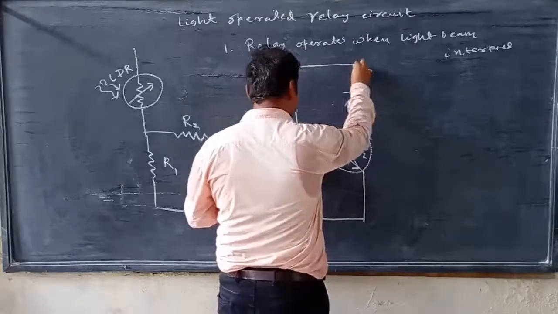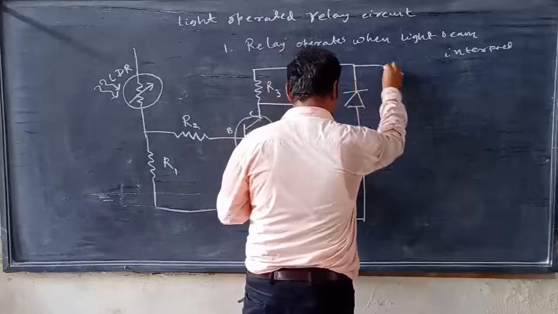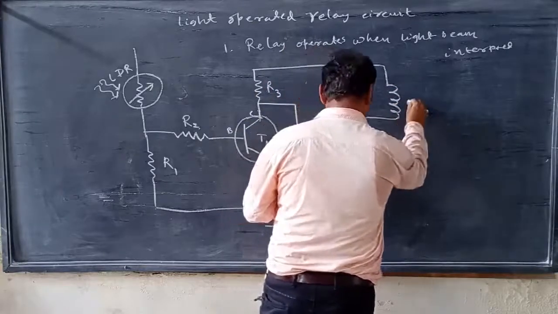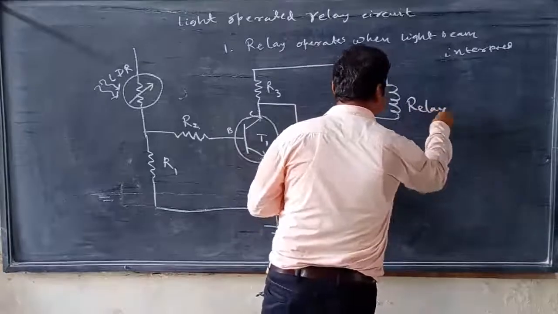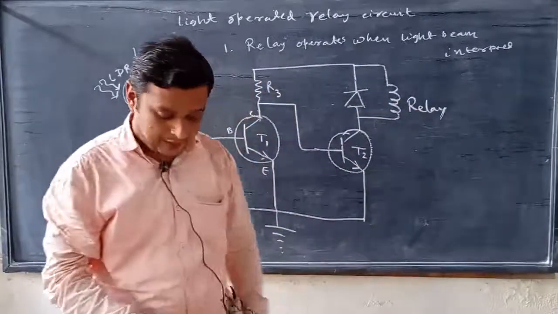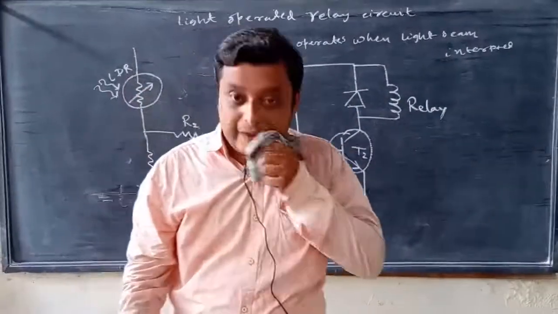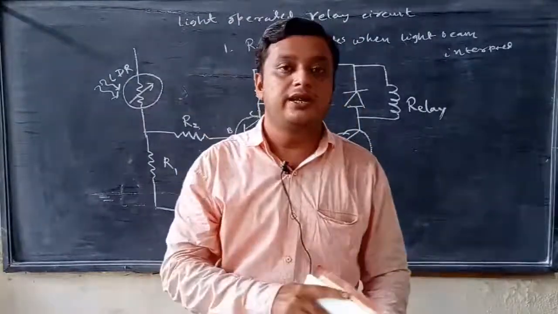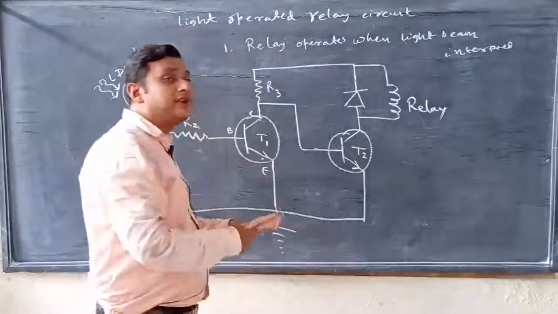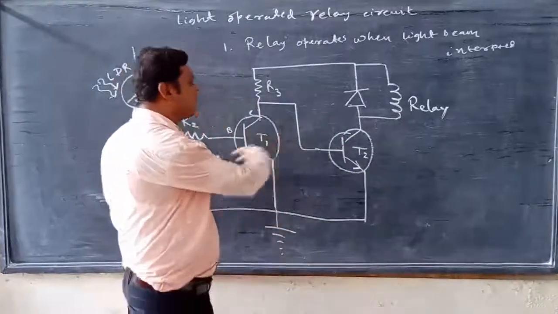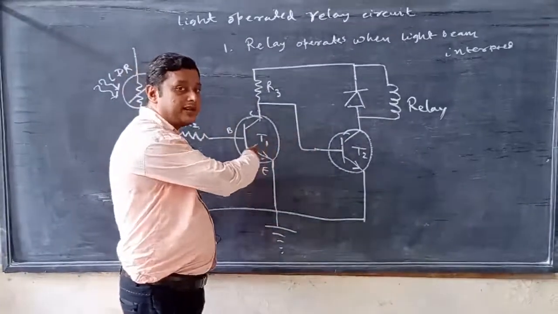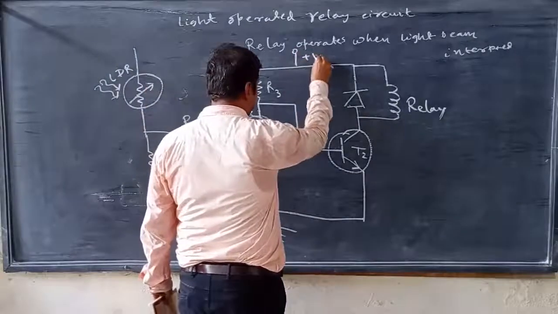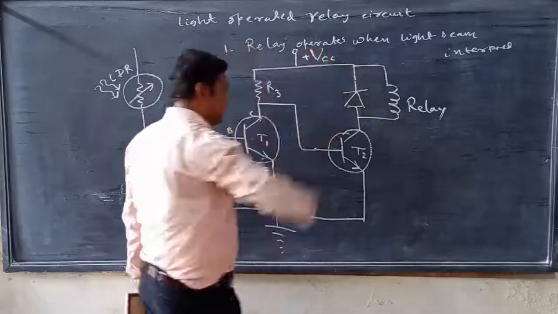This is a PN junction diode. And this is a relay. And we know that the external applied voltage that is applied to this system, which is made up of two transistors T1 and T2, is plus VCC.